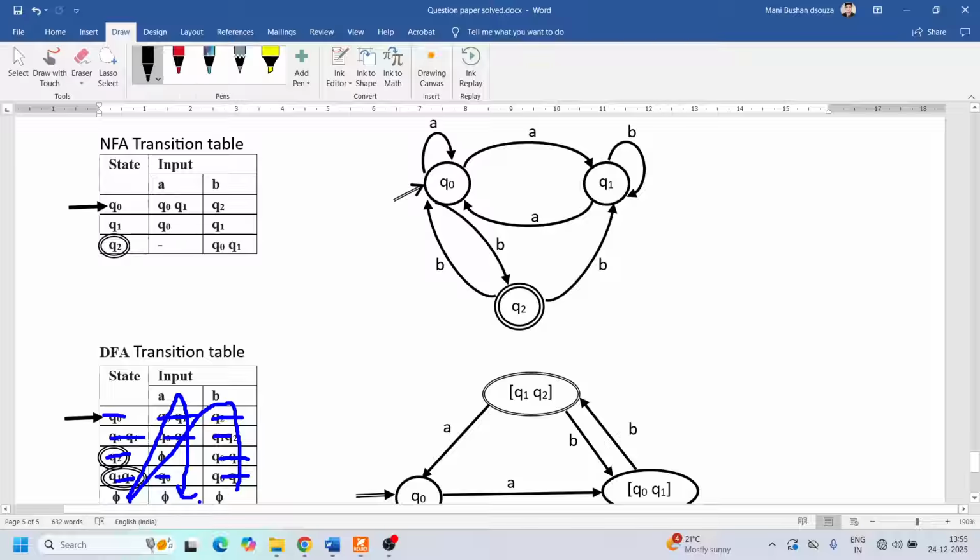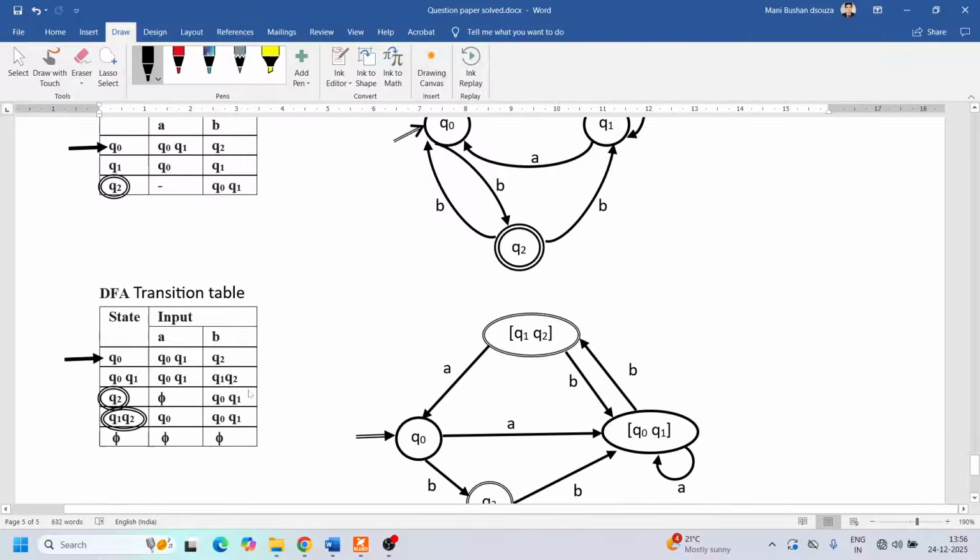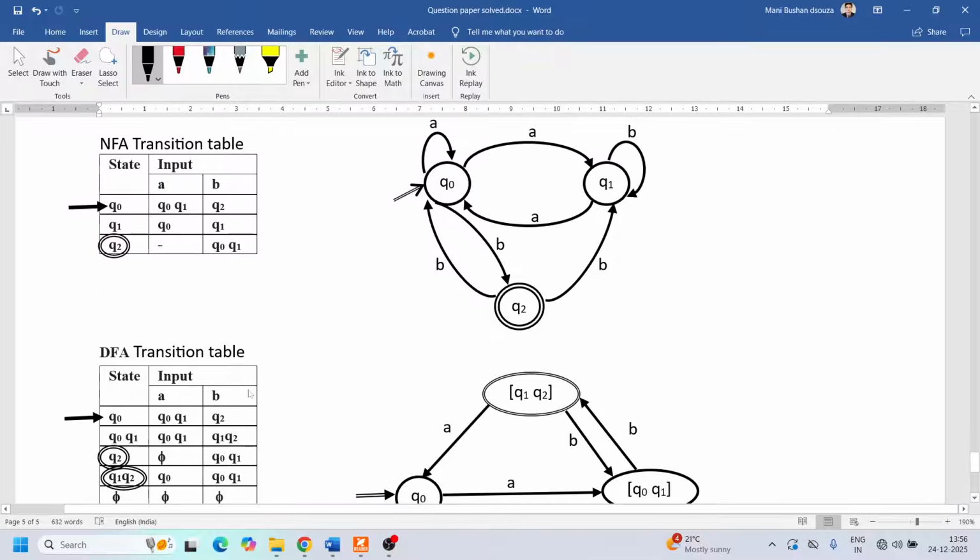Now look at this one and identify the initial state and the final state. In the previous NFA, the initial state was Q0, so mark Q0 as the initial state. Q2 is the final state, so wherever Q2 is there, mark them as final state.